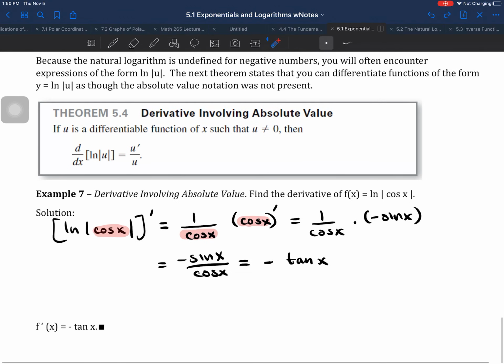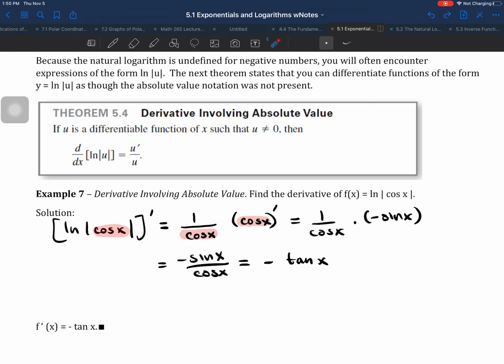Let's see an example of this. Let's say I ask you to find the derivative of natural log of absolute value of cosine of x. Now we know that cosine of x could be negative, but what the absolute value is doing is making this always be positive. So the derivative of natural log is going to be 1 over its inside, multiplied by the derivative of the inside.